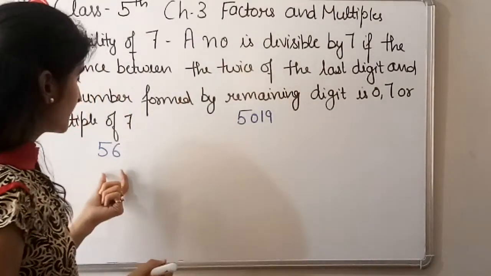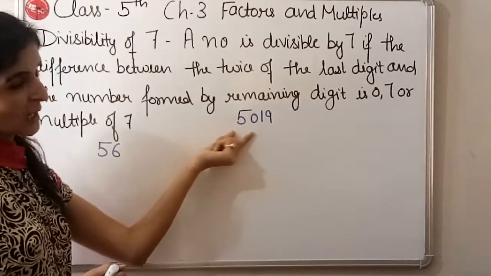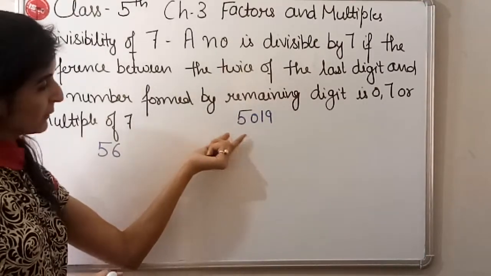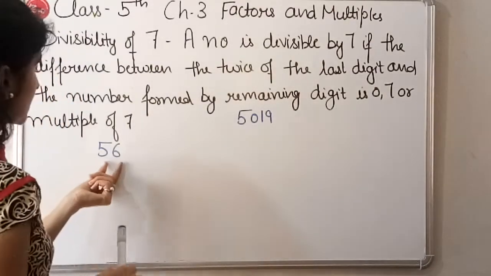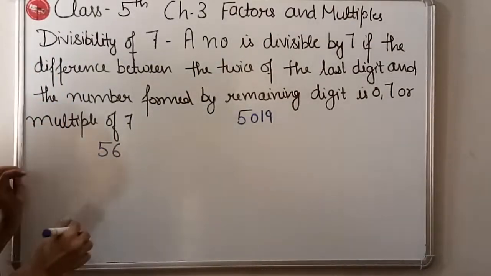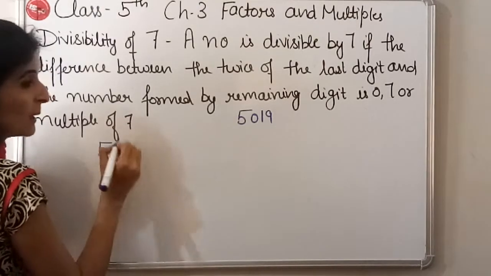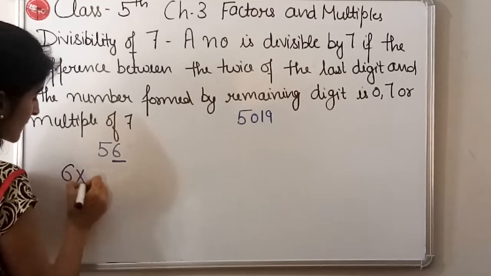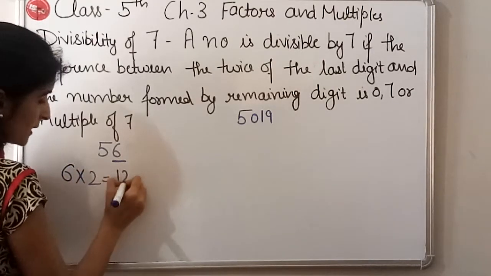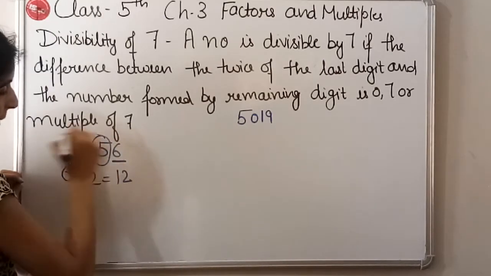Suppose here I have taken these two examples, 56, and one example I have taken from your book itself, that is 5019. So first of all, let us take this 56. What is the first step here? First of all, we have to multiply the last digit by 2. So 6 2s are 12. Now we have to see the remaining digits.